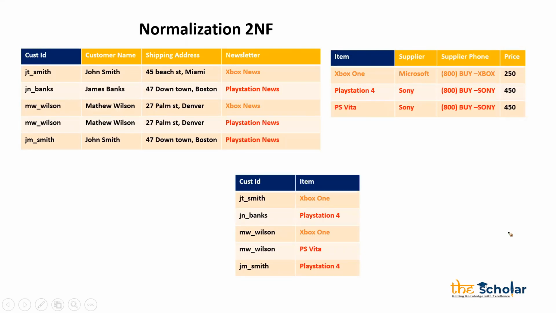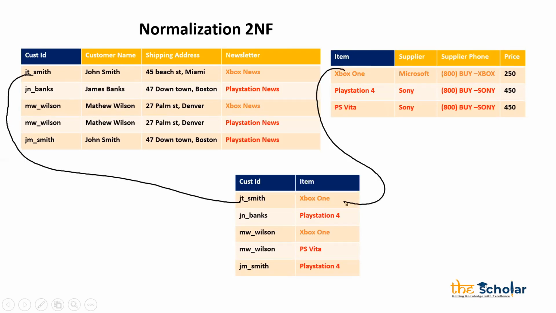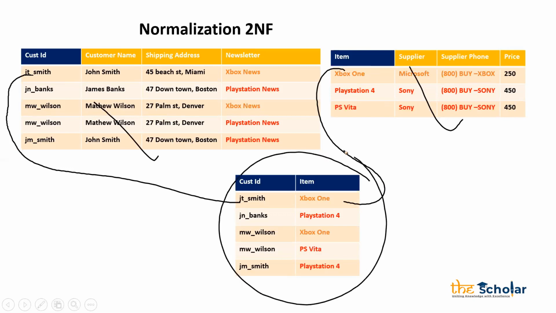Now you can see that in this table I'm getting all the customer ID combinations and all the item combinations. Now this table is at second normal form, this table is at second normal form, and then I'm creating this table which is a combination of the primary keys of both the tables.